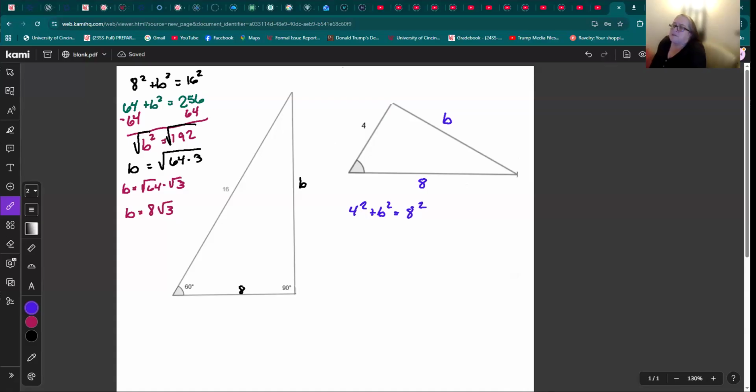Now we're going to think about this slightly differently. 4 squared, that is what I can deal with. That is the same thing as 2 to the 4th, but I don't really want to deal with that. So I can really think of this 8 squared. How can I break that down? It is thinking about 8.